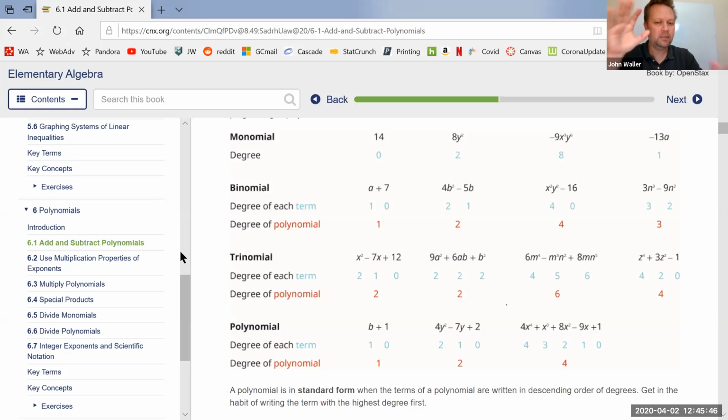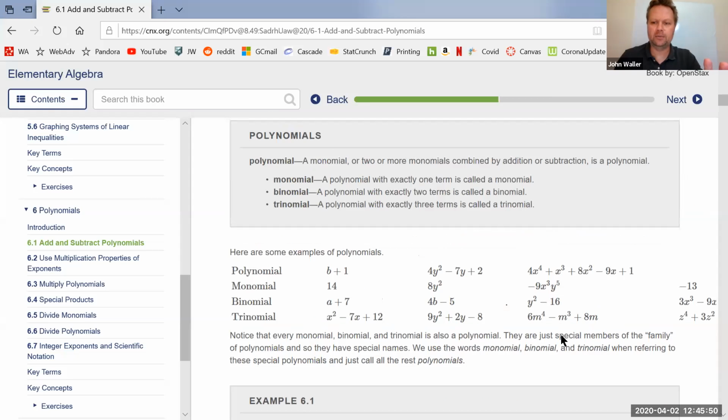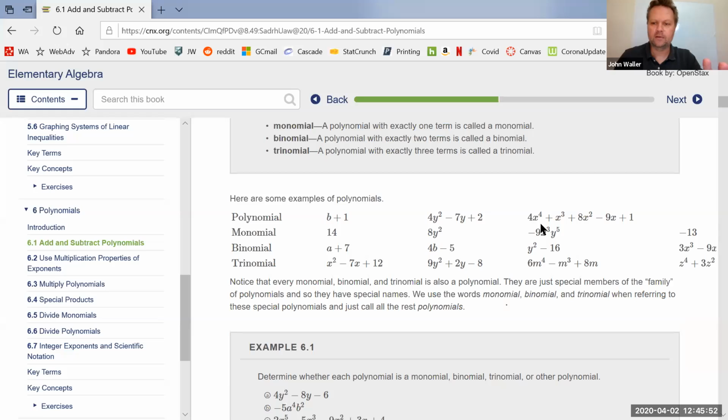So what I really mean by that, for example, let's do something more interesting. Look at this term up here, the 9x cubed y to the 5th. How many x's are there in that term? 3.